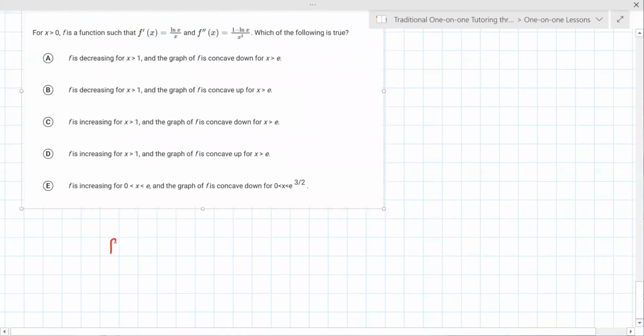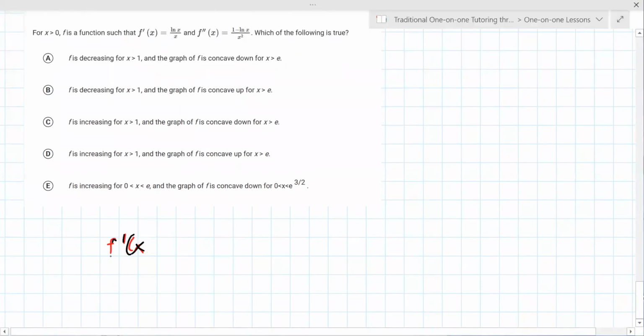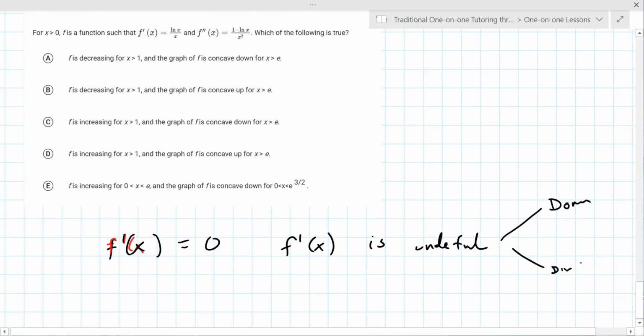So where is f prime of x? This is what I think is really confusing, because for so long you've been told to look where the derivative is equal to 0, but you also need to look where the derivative is undefined. That could be a domain issue or division by 0.